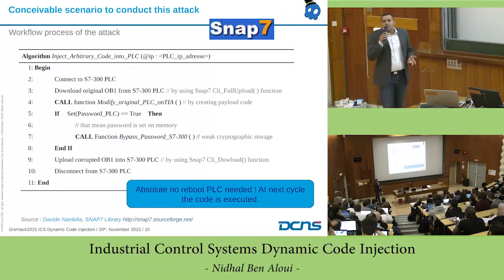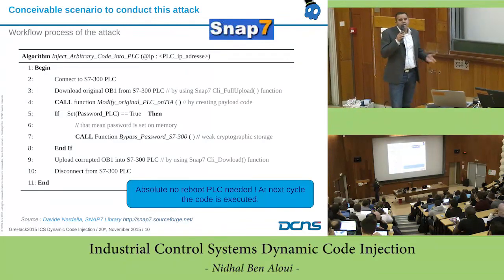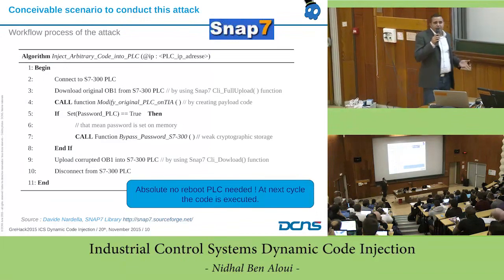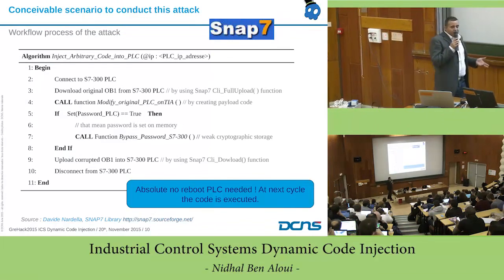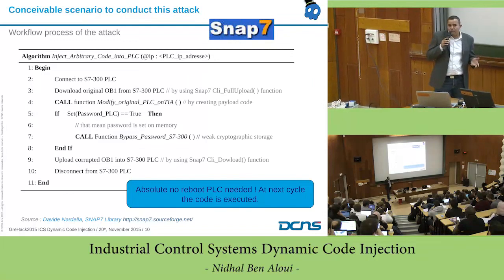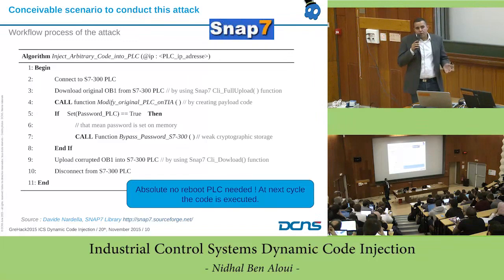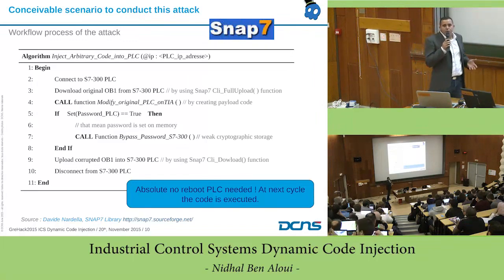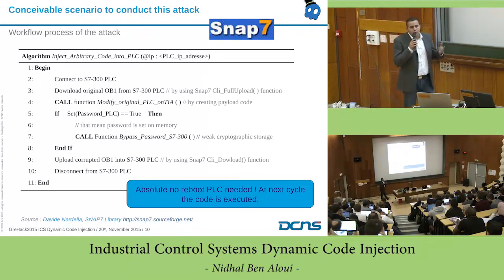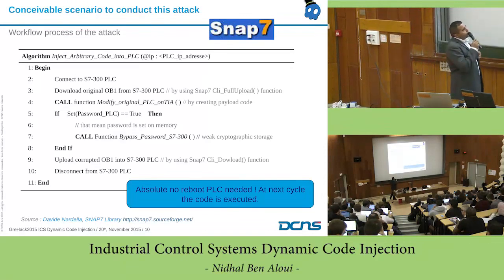Then it checks the CRC code, so the checksum. If they are correct, it checks if there are remote passwords on the PLC. If there is no password, it replaces and erases the original OB1 with the new, corrupted block injected. But if there is a password, we should first of all put the password.